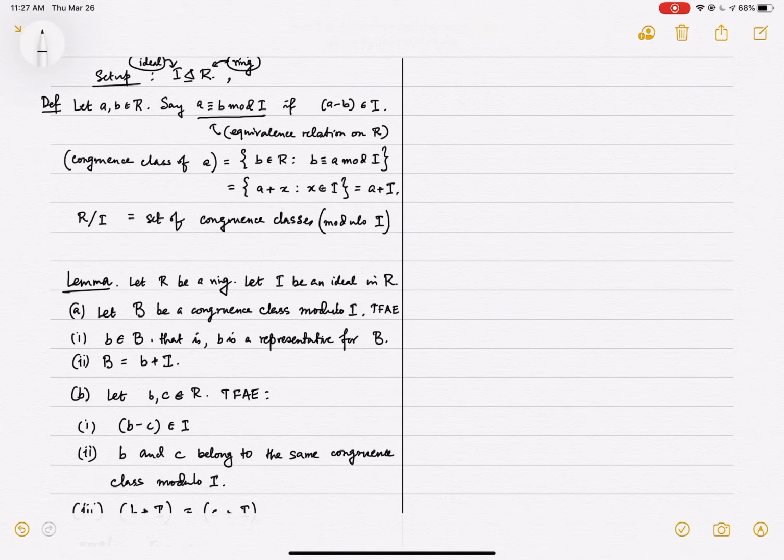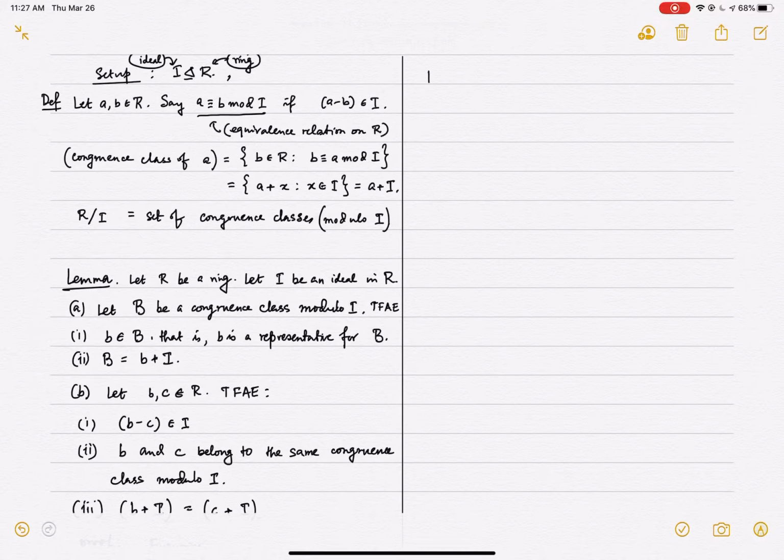Okay. And the other thing that I want to say is the basic result that allows us to define an addition and a multiplication on the set of congruence classes. So remember, the set of congruence classes in our example was Z mod 5.